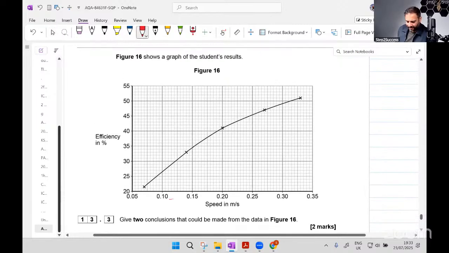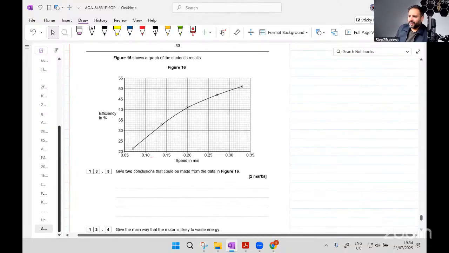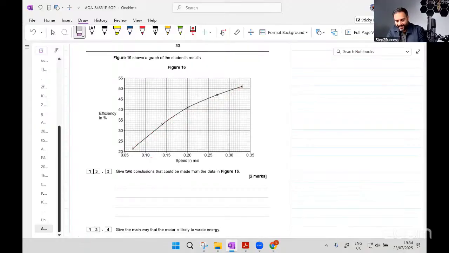Speed and efficiency. Okay. Two conclusions that can be made. Firstly, you can see that because the graph goes this way, you can say the easier option, which is that as speed increases, efficiency increases. That's the first obvious thing to say. However, what you want to say is that it curves downwards, which suggests that it will reach some sort of limit.